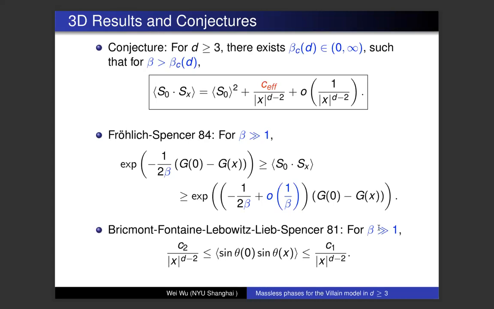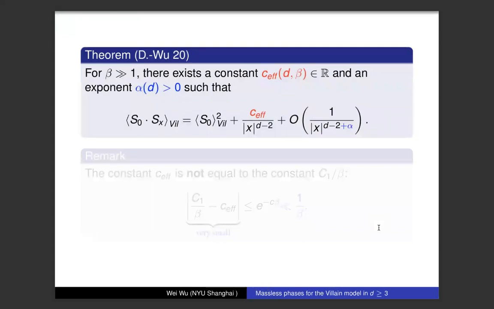In the paper with Paul, we were able to prove this conjecture in dimensions 3 and higher and at very low temperature. So the two-point function behaves exactly as what we would expect. And we also have a corresponding result, which shows that for the transversal spin wave, sine theta 0, sine theta x, asymptotically is a constant over x to d minus 2.